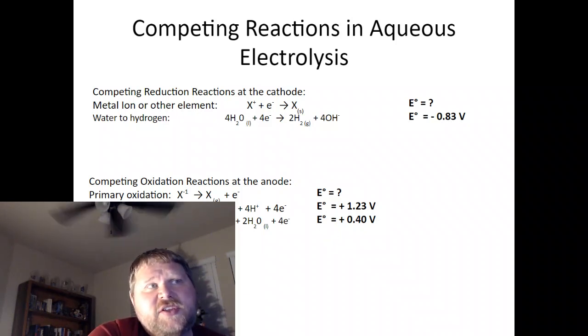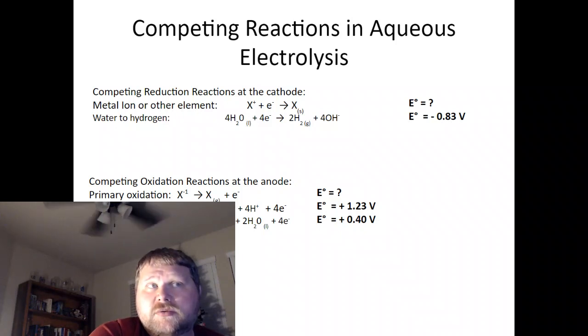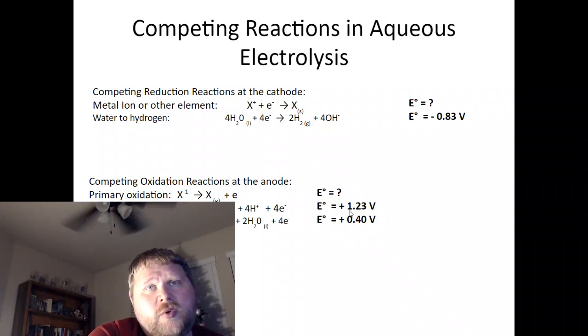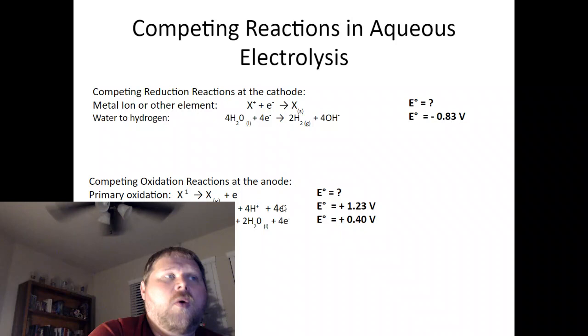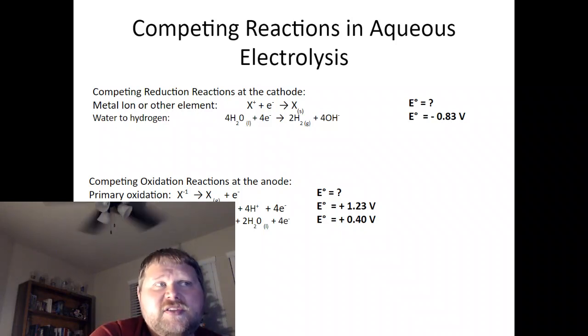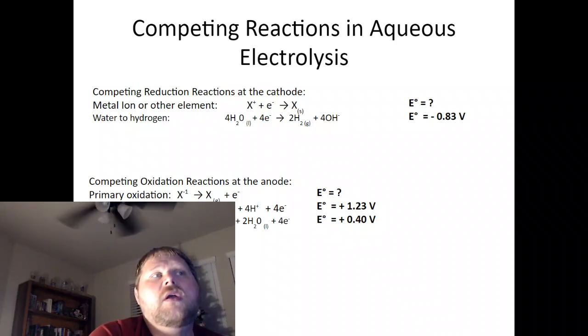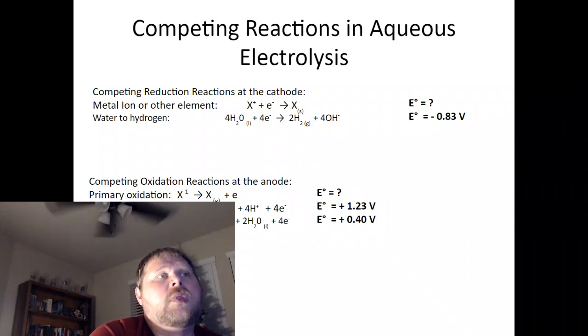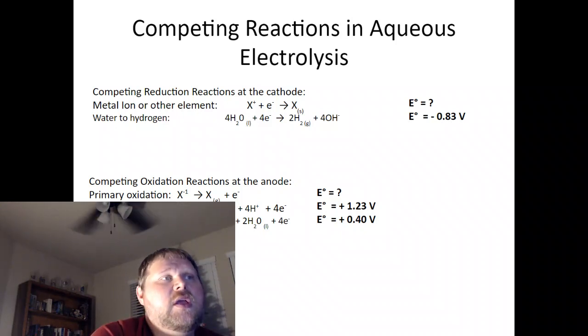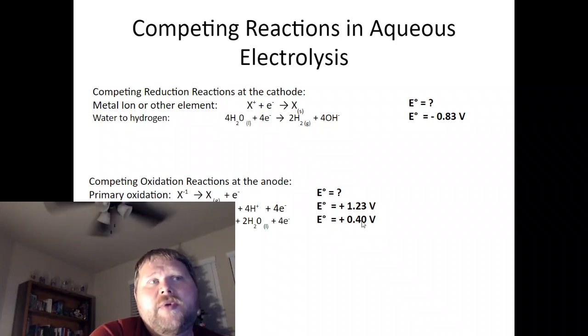One is the oxidation of H2O to O2, and that has a positive 1.23 volts. Or you have the hydroxides that we all know are in water and at equilibrium from our acid-base unit. That hydroxide can be oxidized to O2, and we can see that's 0.4 volts.